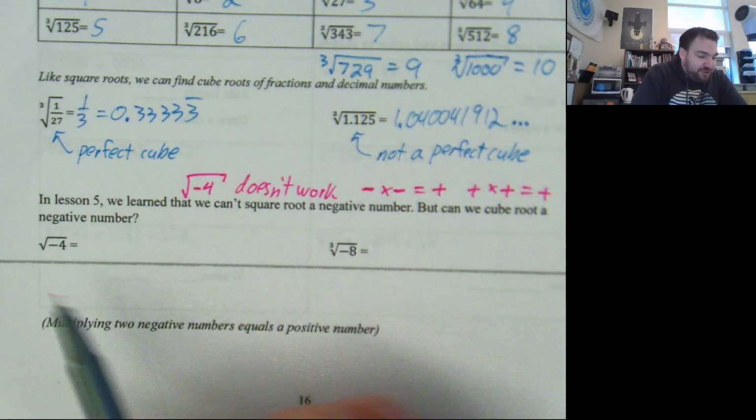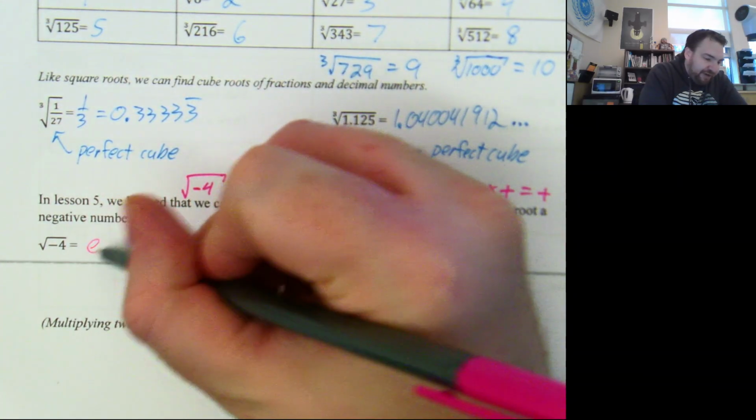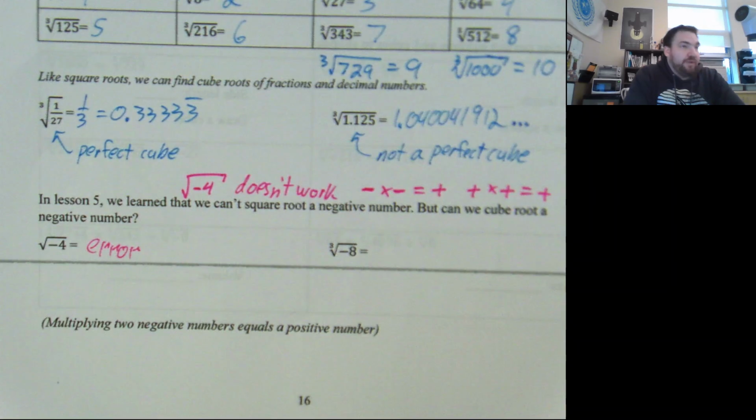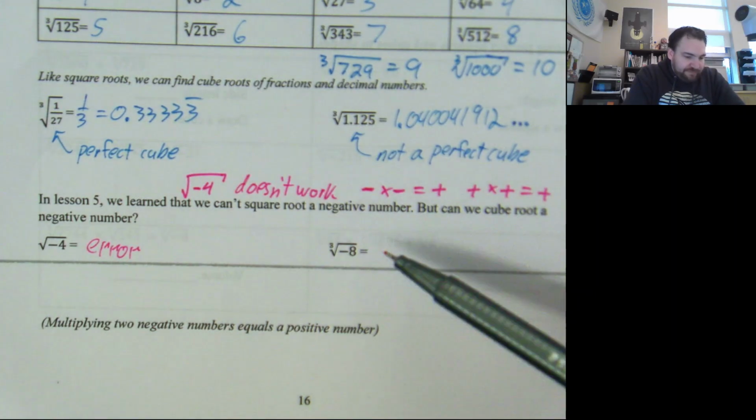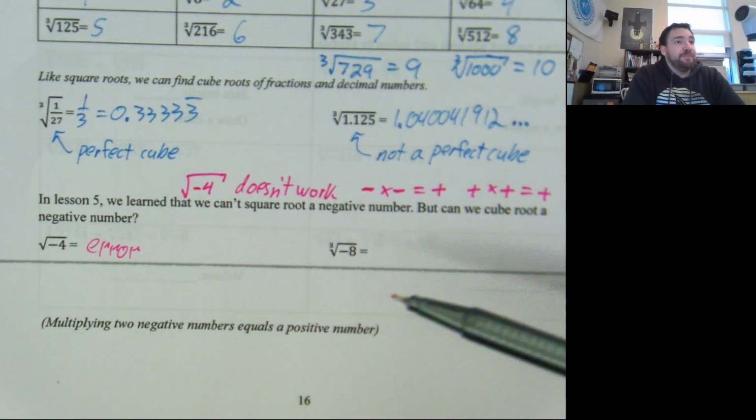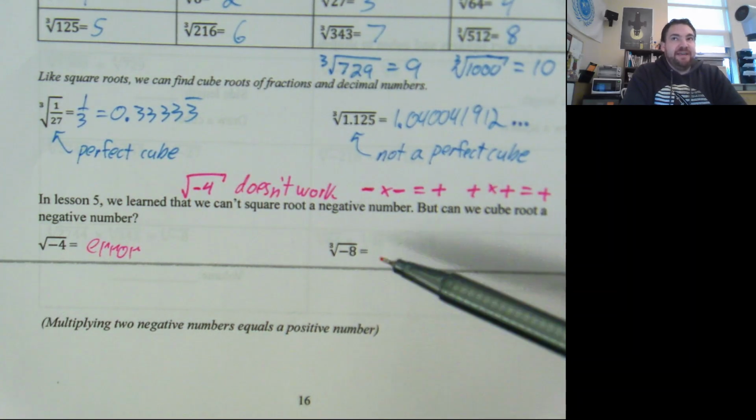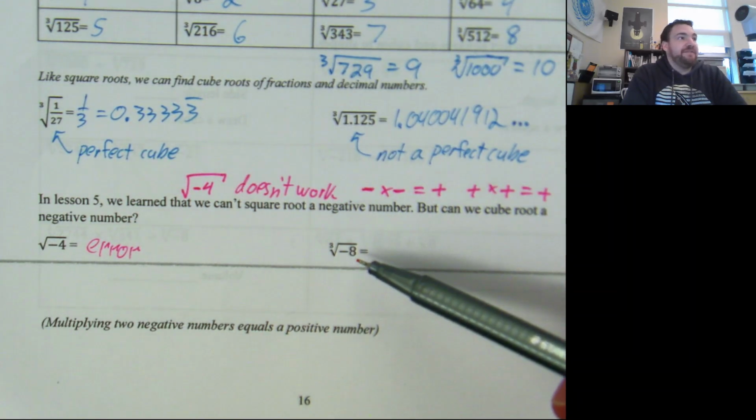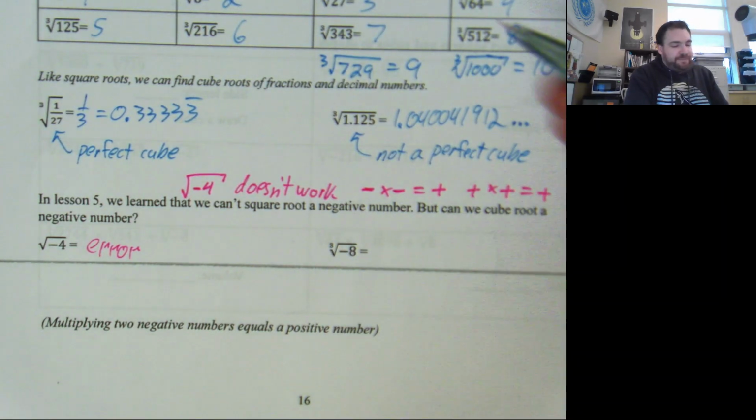Well, you can. So the square root of -4 is going to give you an error on your calculator every time, whether it's a math error or a domain error. But with this one, you can multiply 3 of the same thing together and get a negative value. What does that thing have to be? It must be -2.